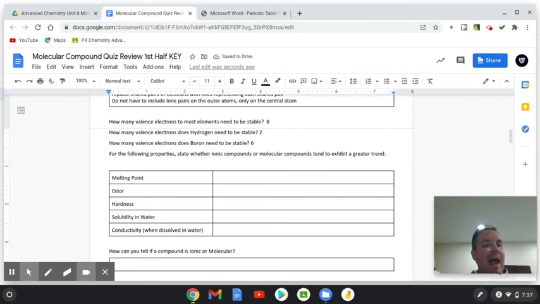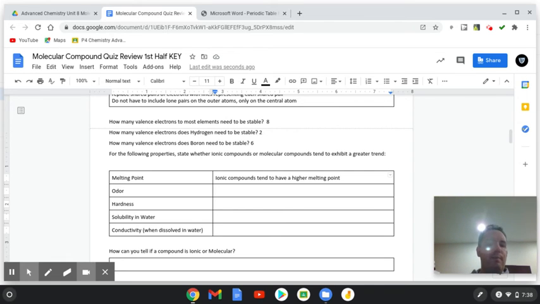Now, in your ionic versus molecular compound lab, you should have looked at these various properties, and what you should have found is that ionic compounds tend to have a higher melting point. That's because ionic bonds are stronger than molecular bonds.